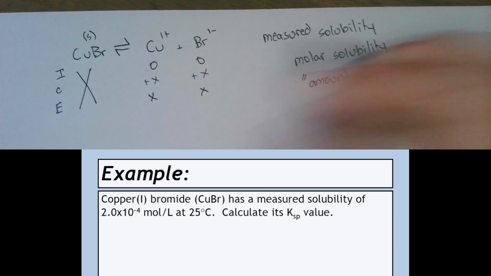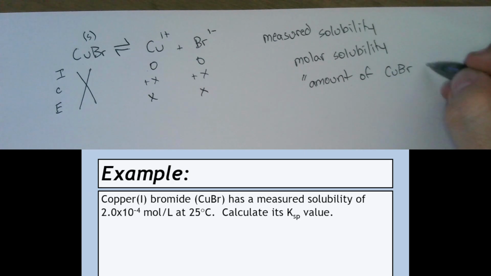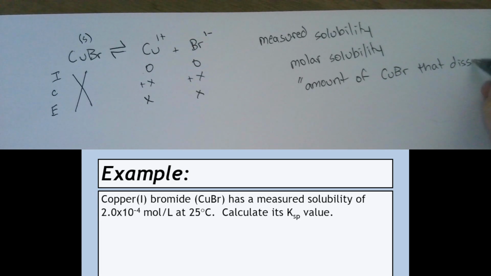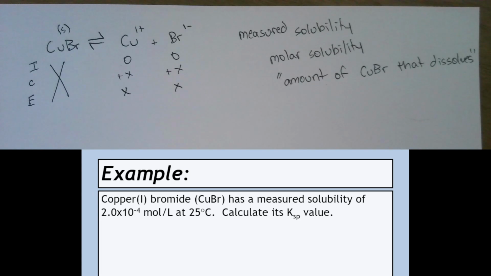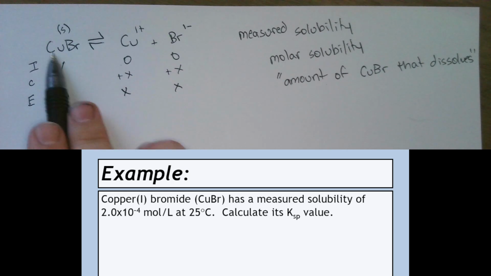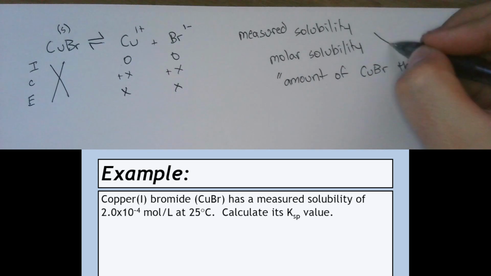So in this example, it'll be the amount of CuBr that dissolves. Another way to think about it, though, is just whatever number x is. I don't really care about any of this; its numbers won't matter because it's not included in the equilibrium expression, but x is just the amount of this that dissolves. So molar solubility or measured solubility is just x.